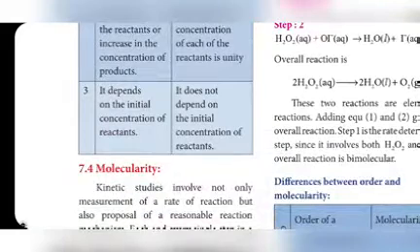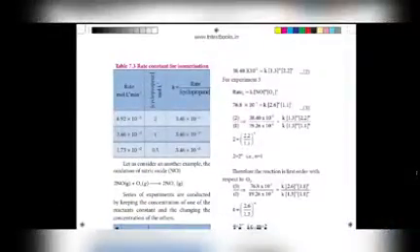Third point, rate depends on the initial concentration of reactant. For rate constant, it does not depend on the initial concentration. This we can also understand by using our previous page.